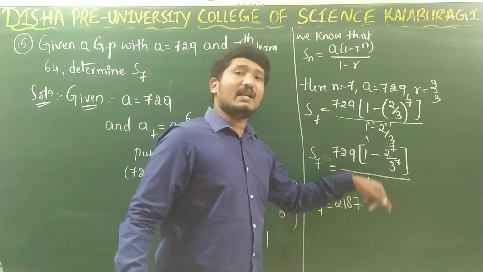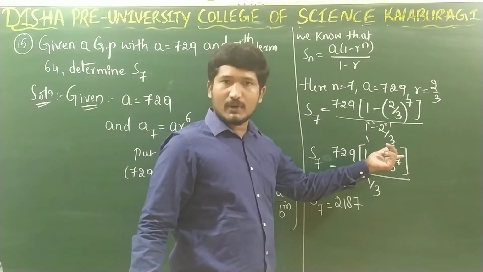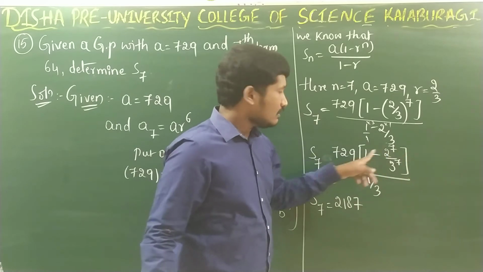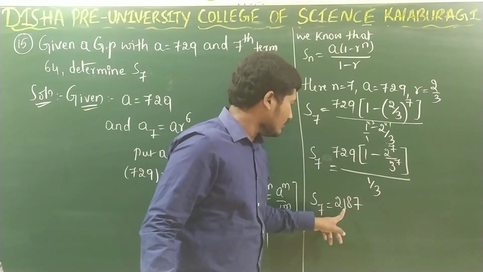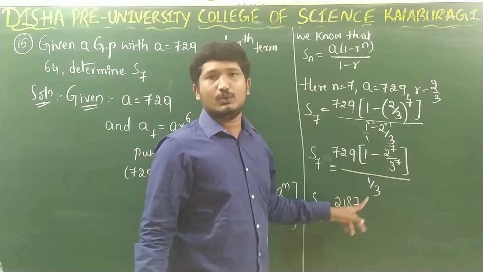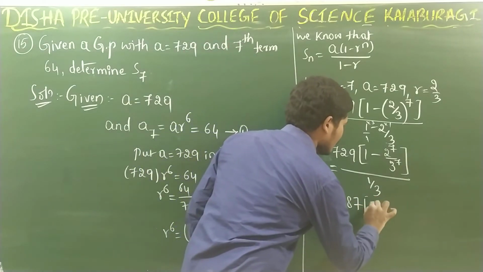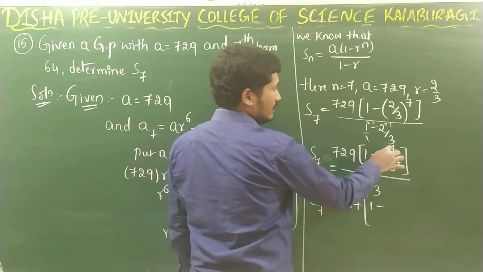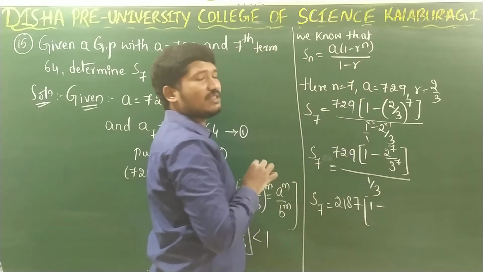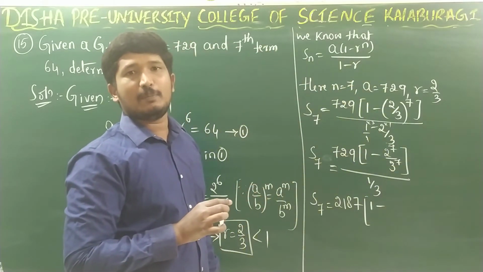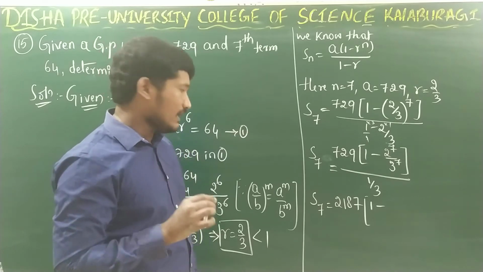It becomes a reciprocal, so it will be 3 divided by 1. 3 goes to the numerator, so it will be a product. 729 into 3 will be 2187. You can check that by multiplying, into 1 minus. See here, 2 power 7 is nothing but what? We are multiplying 2 how many times? 7 times.